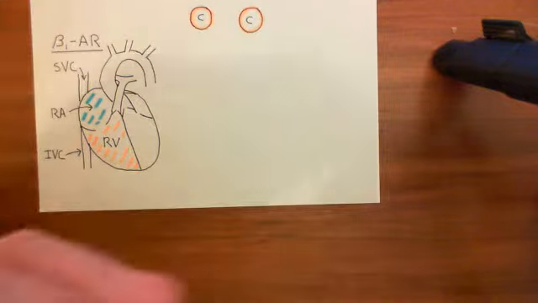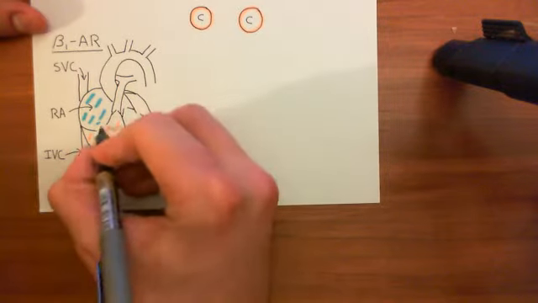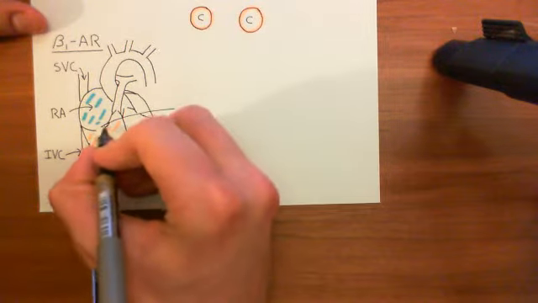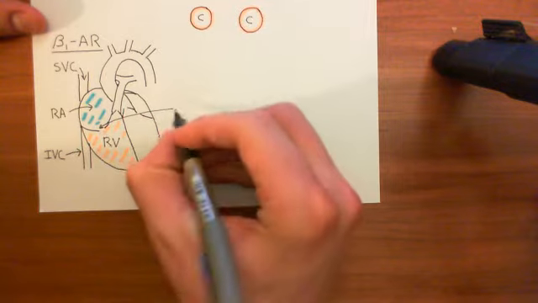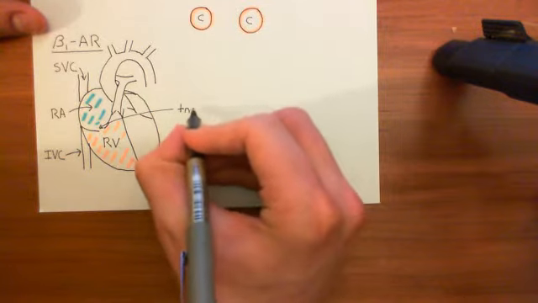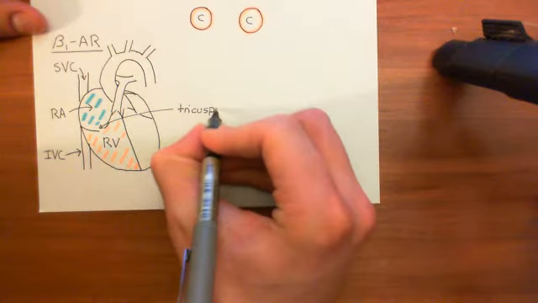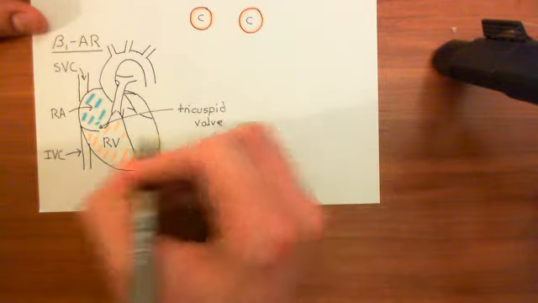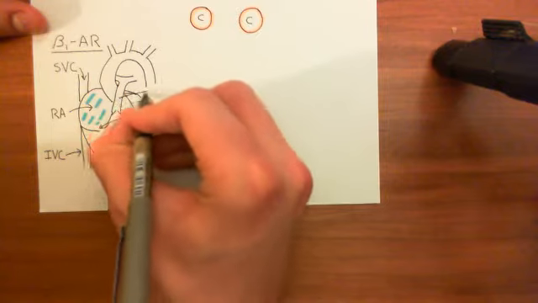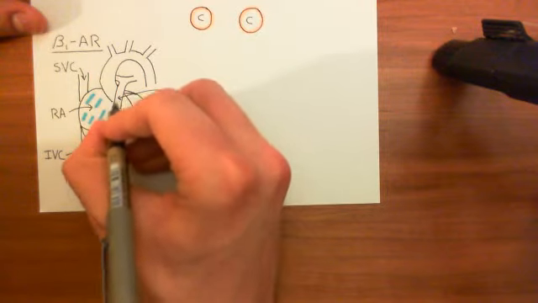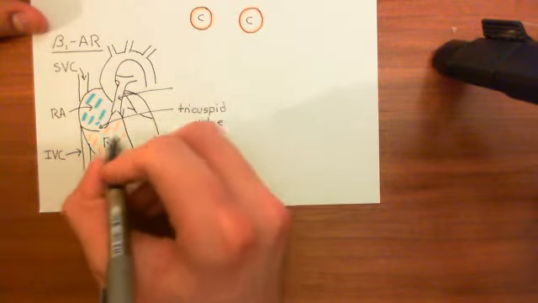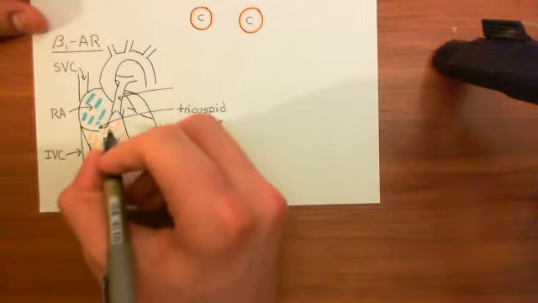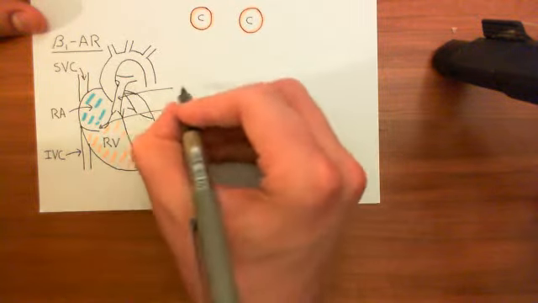So this valve, which I'll just extend and make a little bit more obvious, is the tricuspid valve. Then coming out of the right ventricle, you have the pulmonary trunk here. So this is the blood vessel which takes the deoxygenated blood that's in the right ventricle up to the lungs to be oxygenated.